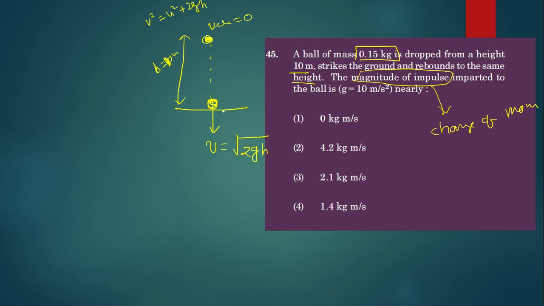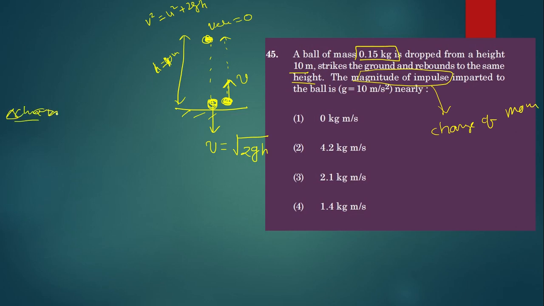Now, since this ball rebounds to the same height, it means there was no loss of energy. It is called an elastic collision. Therefore, the striking velocity and the rebound velocity will be the same in magnitude. Direction will be different.